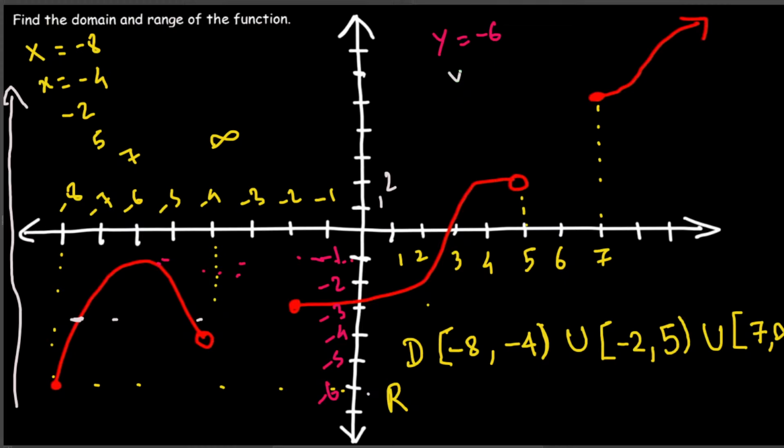So y equals 2 is the next point, and after that this one starts right here. So there's a discontinuity right here, so we still have to use union. 3, 4, this one is 5. So starting at 5 again and goes to infinity.